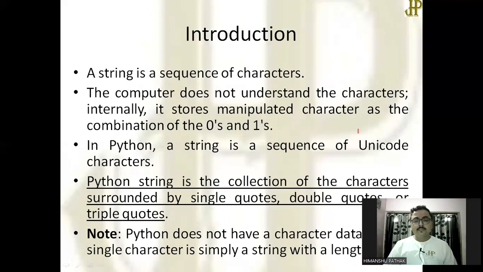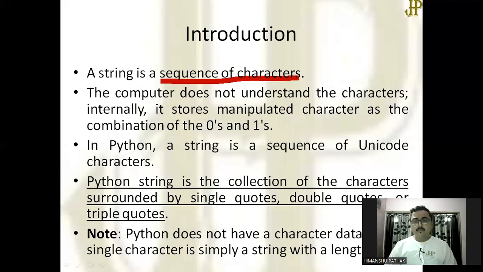So what do we mean by strings? A string is a sequence of characters. That's it. As we know, computers do not understand our language. Computers can understand only the combination of 0 and 1. So there are two famous things, that is ASCII characters and Unicode characters.